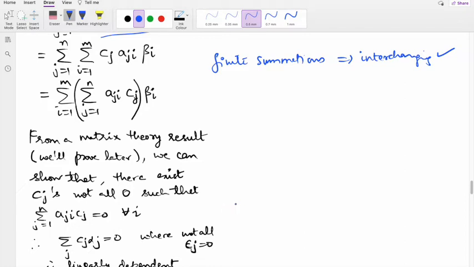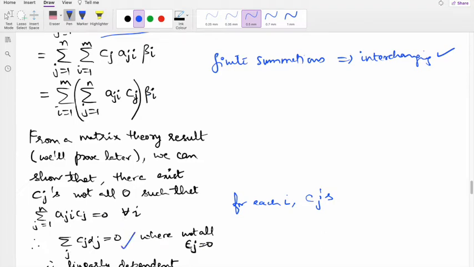So for each i, you have these cj's such that this thing becomes zero. Which basically means that if this is zero, then 0 times beta i is 0, and therefore you get the zero vector as a result, which is what we are talking about here.